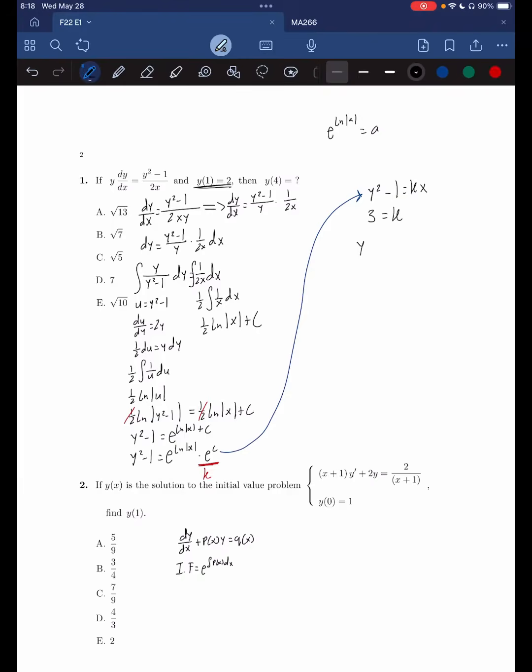So now you have y is equal to the square root of 3x plus 1. So now we're asking, what is y of 4? Well, y of 4, you just plug in 4 for x, you get y equal to the square root of 13. And I get a. That's up there. Just double check that that's the right answer.